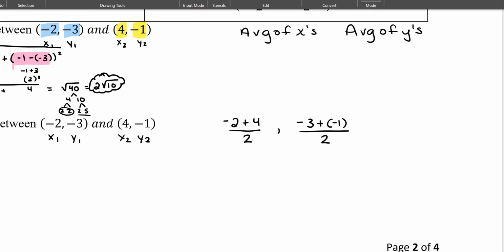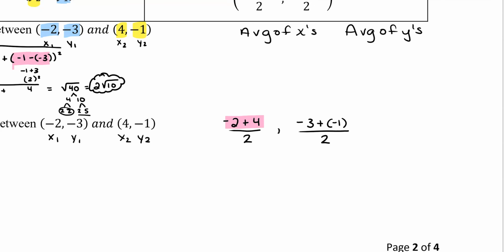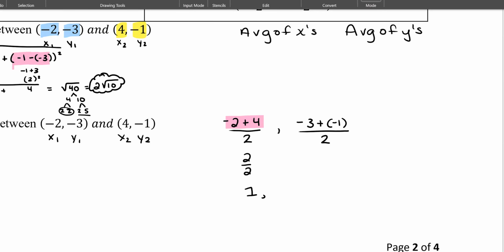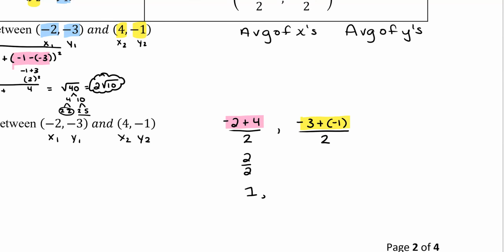So now here, -2 plus 4 is 2. So I've got 2 over 2, which is 1. And then over for the y part, I've got -3 plus -1, which makes -4.